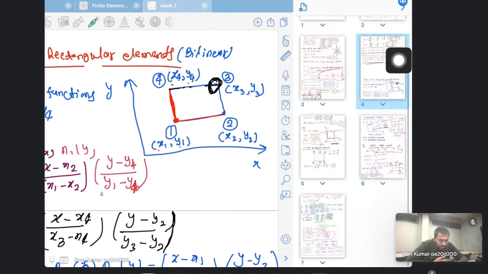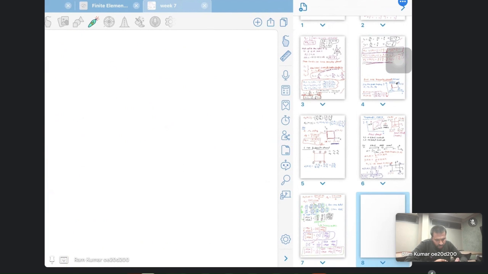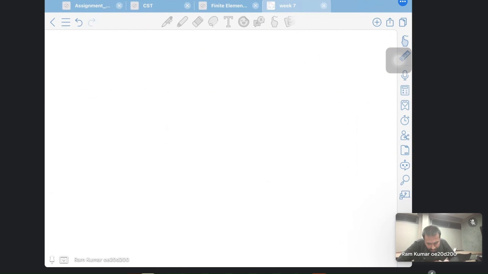So for example, I will add one page here. This is one of our elements, with element length LE, with x1 and x2.